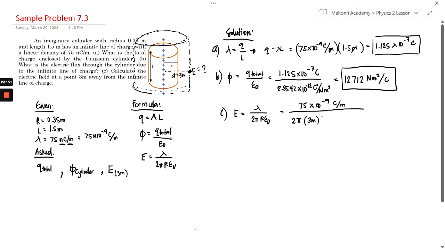So that's 3 meters multiplied by the permittivity of free space, 8.8542 times 10 raised to negative 12 coulomb squared per newton meter squared. And that's how you can solve for your answer, which is actually equal to about 450 newtons per coulomb.